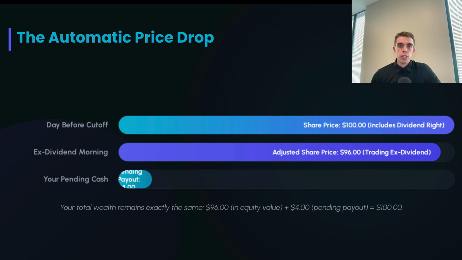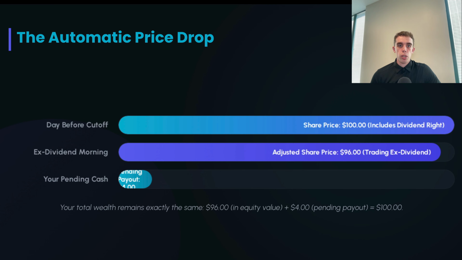Because of that, we generally see an automatic price droppage with the stock price leading up to its ex-dividend date. So you'll see this stock price sort of slowly creep up throughout the month, and then the second the ex-dividend date hits, you're going to see a sharp price drop to account for the fact that they just paid out their dividend to the people that already own the stock.